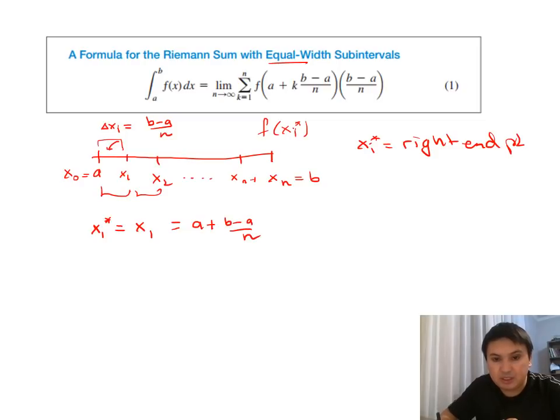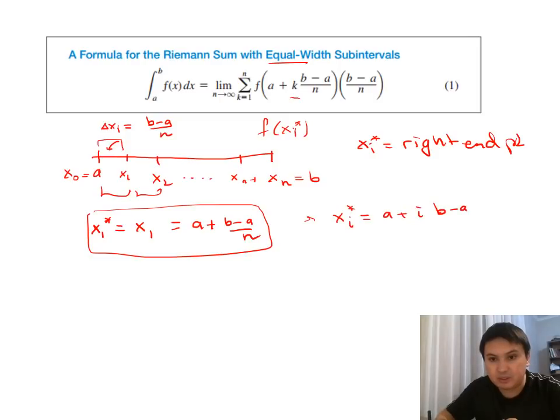Indeed, if you let k equal 1 here, this is what you get. So basically the general formula for x_i is a plus i times (b minus a) over n.